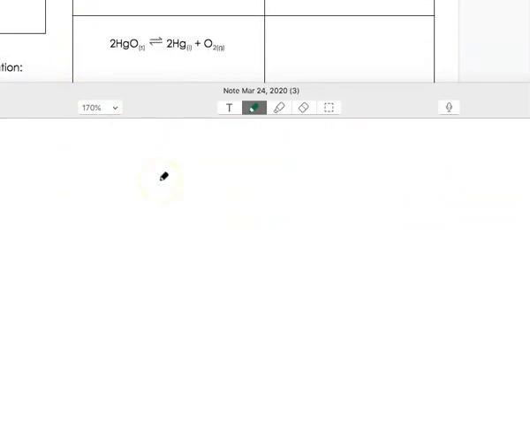Now go ahead and try this next one. Hopefully you could get this one right. Once you've tried, let me know. So again, what should be included? Only gases and aqueous substances, right? So here we have a liquid, so we do not include that. And here we have a solid, we do not include that. We're only going to include the gas.